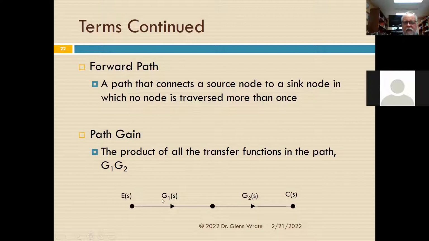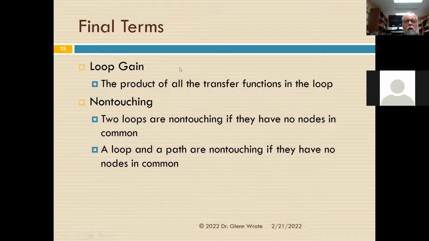Path gain is just the product of the gains of that forward path. Loop gain is the product of all the transfer functions in a loop. We'll go over non-touching, but basically if you have a loop and it's either enclosed inside of another loop or the corners are touching, those are all examples of a touching loop. If they're non-touching, it means that there are no nodes in common.